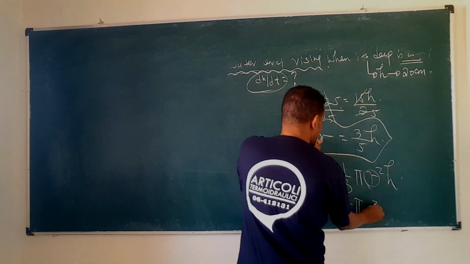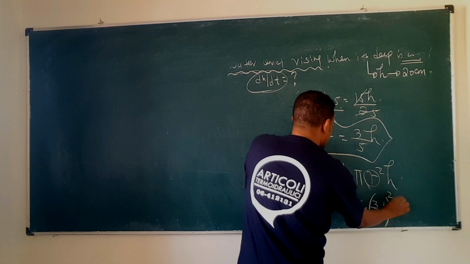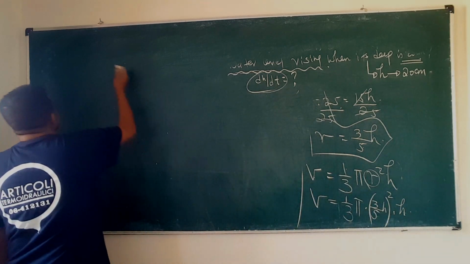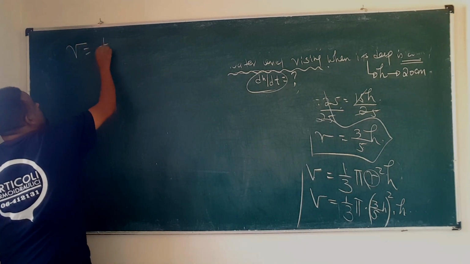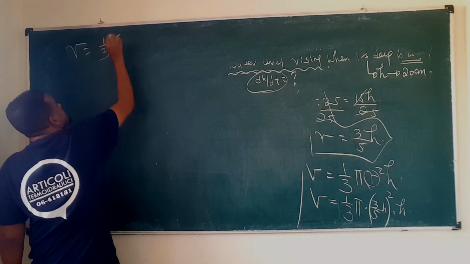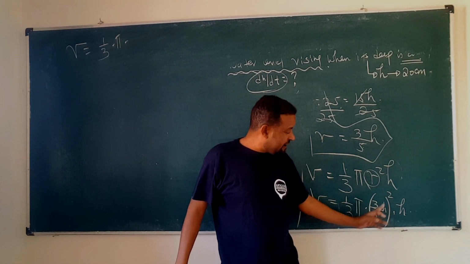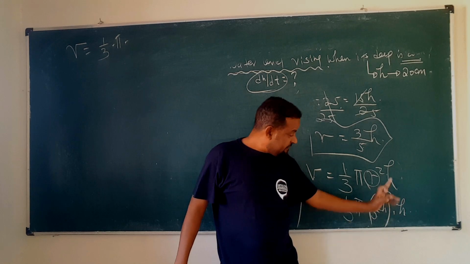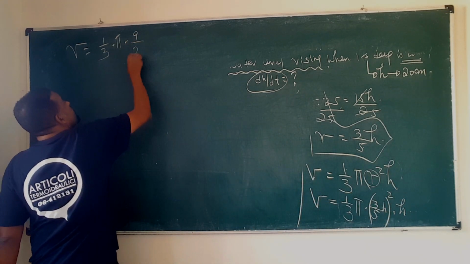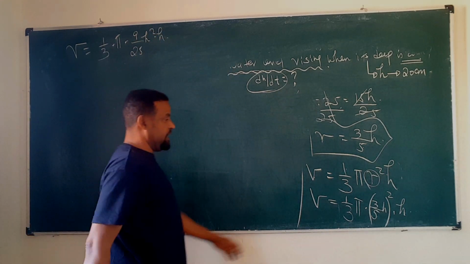3/5 h. So 1/3 pi times (3/5 h) squared times h. Okay, so now volume becomes what? Volume is equal to 1/3 times pi times 3/5 h squared, which means 3 squared is 9, 5 squared is 25, and h squared: 9/25 h squared times h.